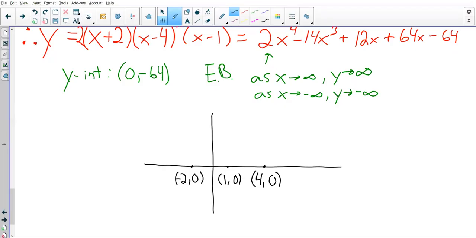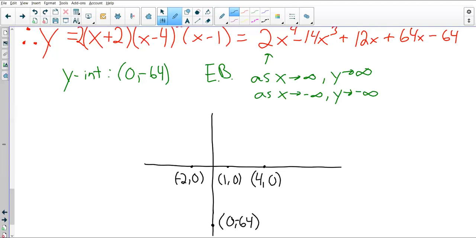Let's add our y-intercept. This is not anything close to being to scale here, but it'll give us an idea of what the function looks like. So I've got (0, -64) as my y-intercept.